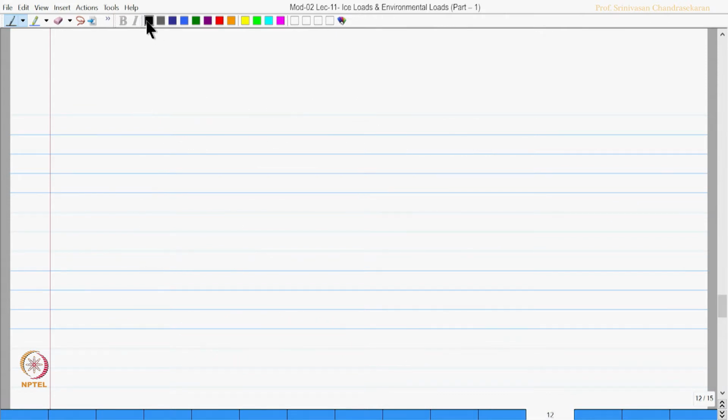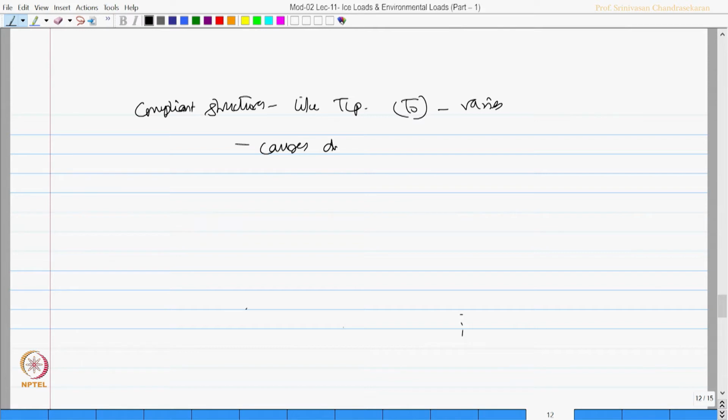So, as I said, in compliant structures like TLP, the T0 varies. This causes dynamic tension variation.